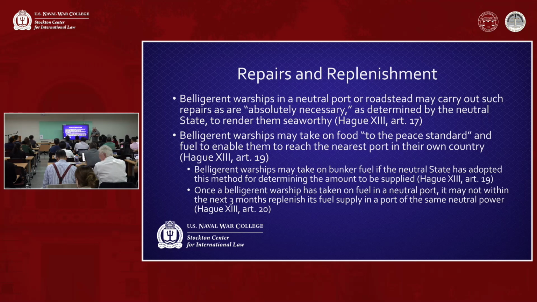They can also use bunker fuel for that purpose if the neutral state has adopted that as a means of providing fuel. And finally, once the belligerent warship has taken on fuel in a neutral port, it cannot go back to a port of that same neutral country within 3 months to replenish or take on supplies in that neutral state.